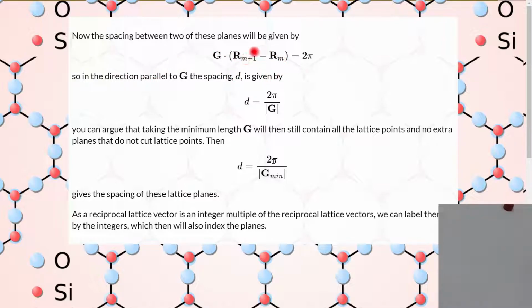My second vector is the difference between these two vectors, which is D. That's the distance I want between the two planes. If G is the normal vector there, then cosine is 1, and I'm just left with the difference between the planes being 2 pi divided by the length of this G vector, which is what I wanted to prove in the first place.